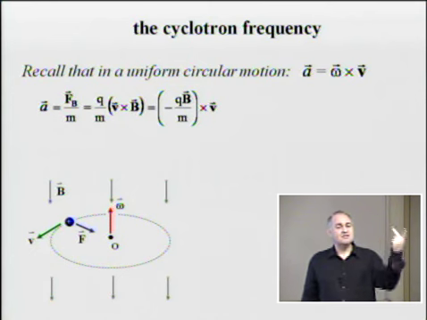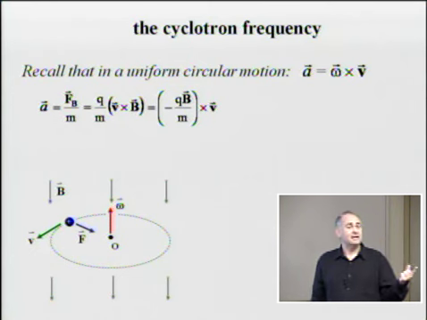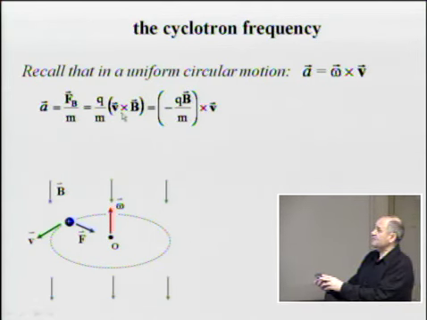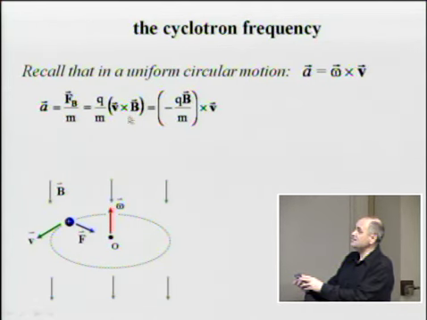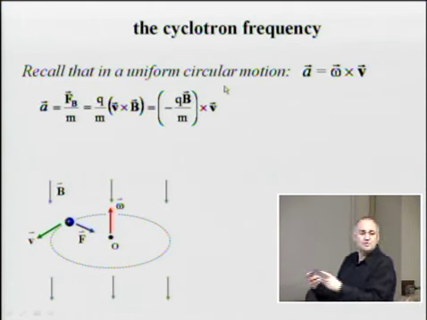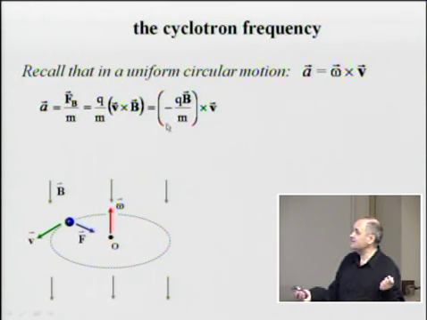So if you change the order of factors, you will get an opposite result. Over here I had velocity multiplied by magnetic field. Here I have magnetic field multiplied by velocity. These two products are opposite to each other, so I had to put minus over here, and I copied Q over M.